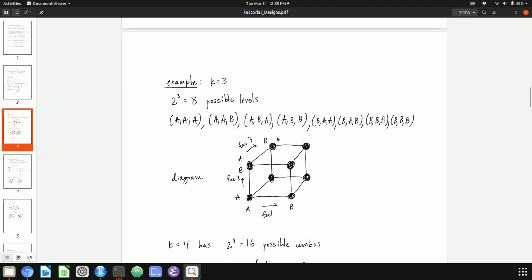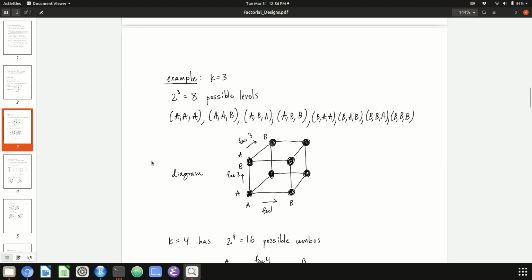This means we've set factor 1 to A, factor 2 to B, and factor 3 to B. This particular setting will correspond to this particular run of the experiment. So very simple. Again, the 2 to the 3 factorial design just means we do a run at every possible combination of each of these 3 factors.